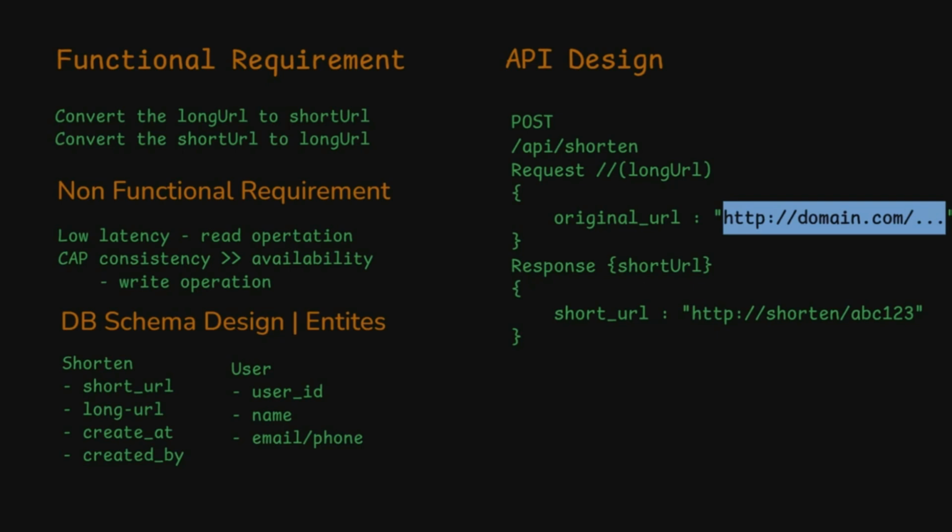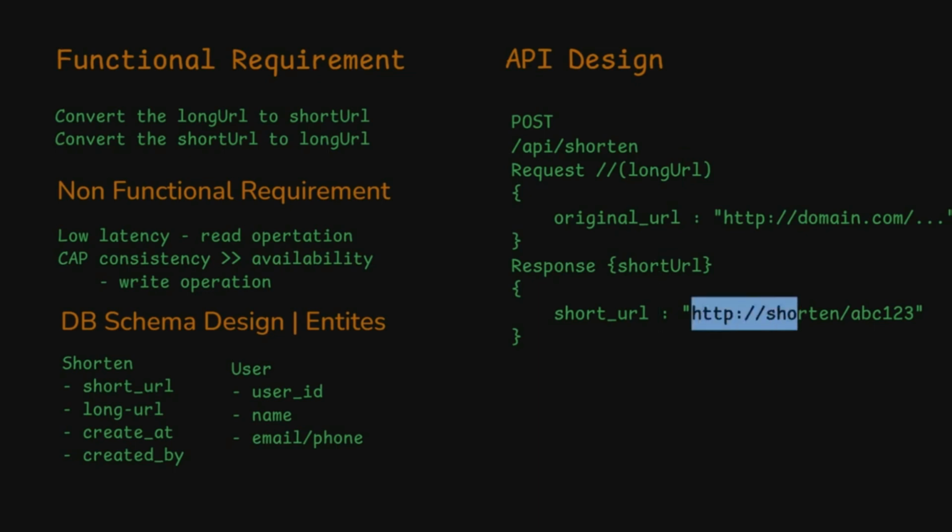From this perspective, we understand that we will need a POST API, and the request and response for the POST API would look like this, which would convert the long URL to short URL, and it will send back in the response the short URL for that set of users.